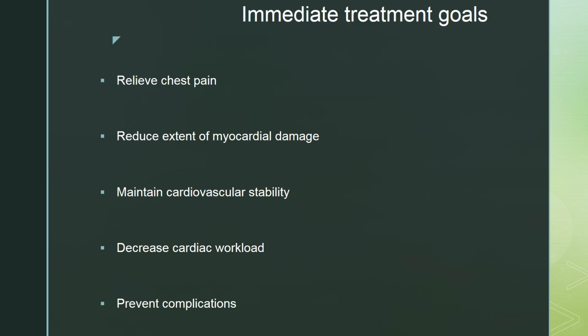When we say relieve chest pain, the reason we're relieving the chest pain is the chest pain is indicative of myocardial damage. If we're able to relieve the chest pain, that means that there's oxygen getting down to those vessels, to those cells. So it's not so much the pain, it's why the pain is happening. Does that make sense?